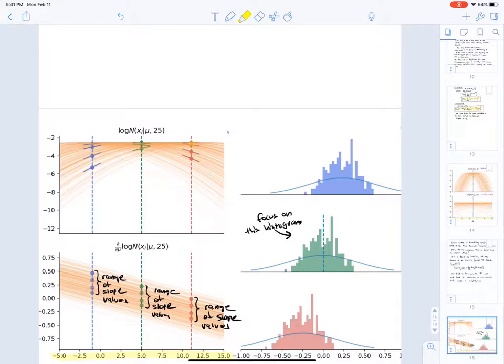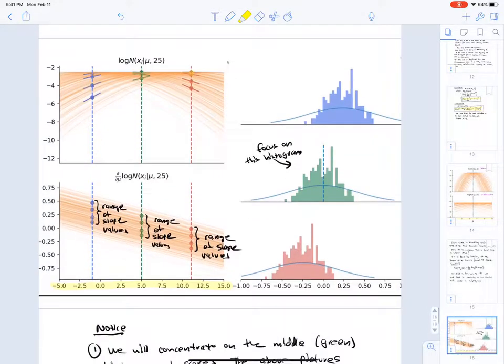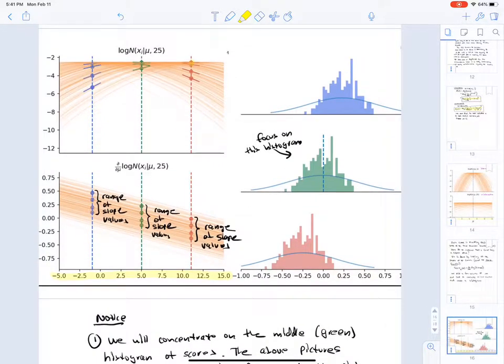The top picture shows 3 different mu values, and in the picture below you can see the range of slope values for the blue, green, and red becoming increasingly negative. It's positive, then neutral, then negative.